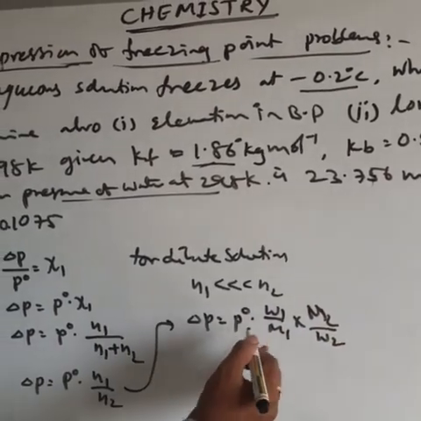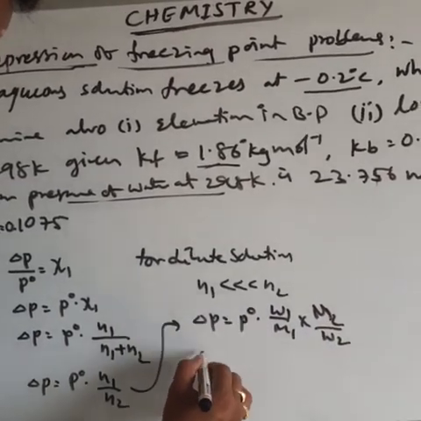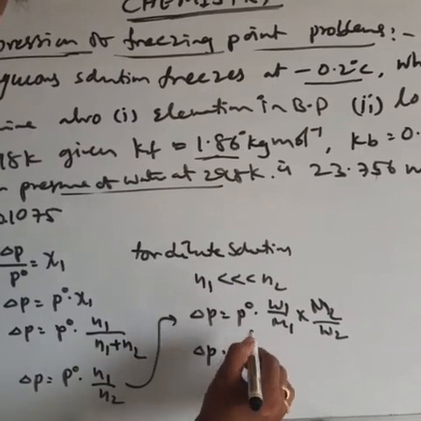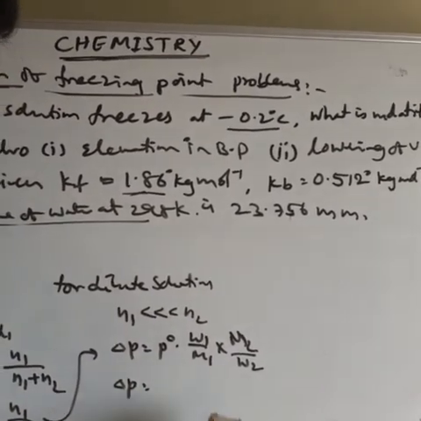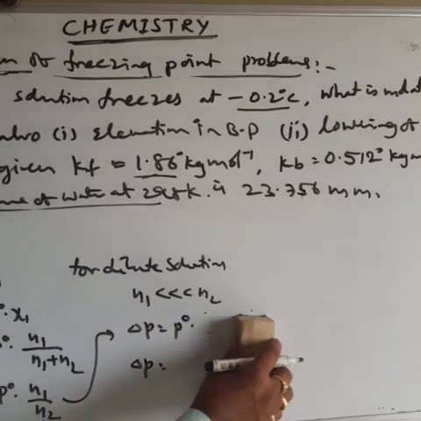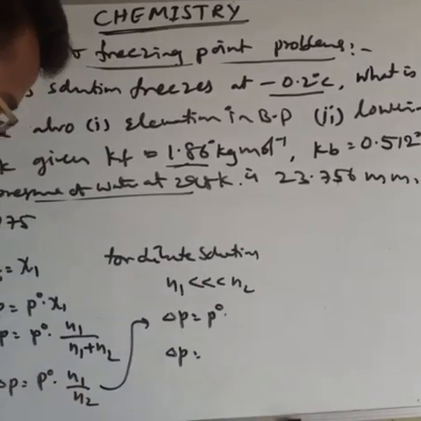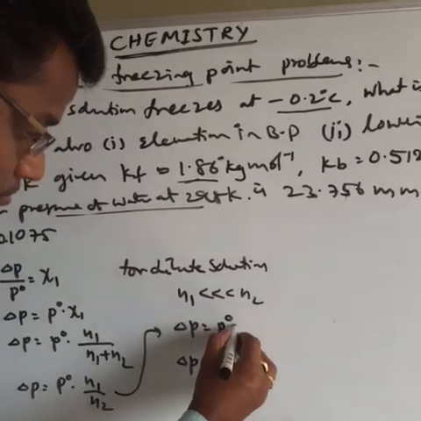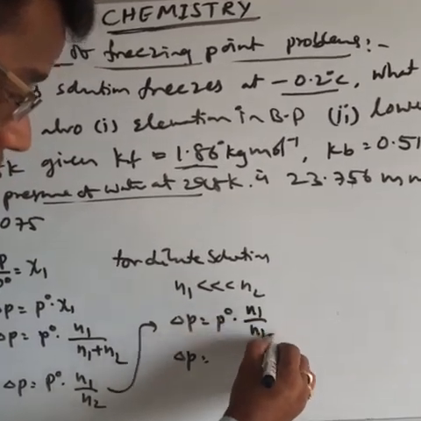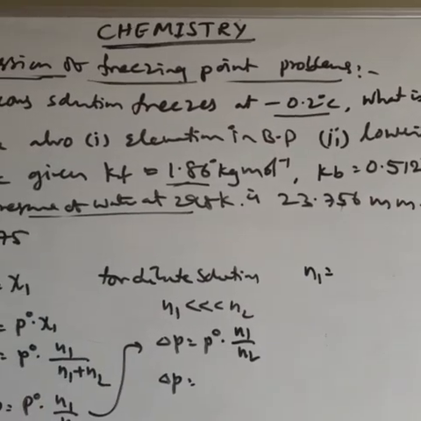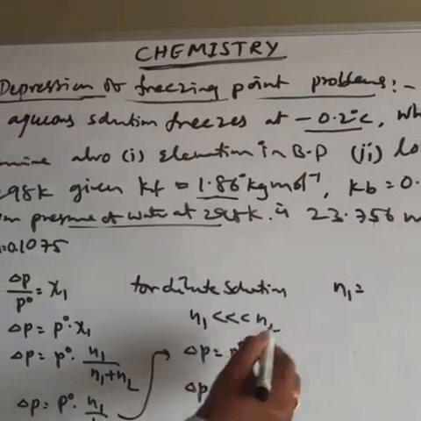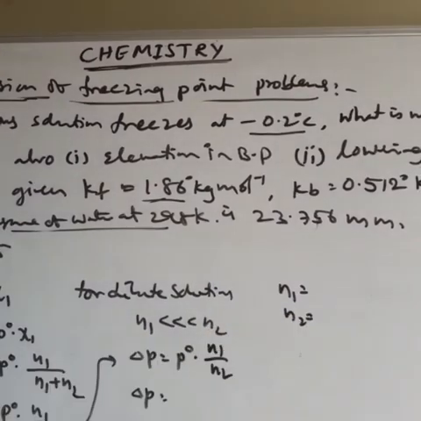Here delta P is equal to P naught into N1 by N2. What is the N1 value? Number of moles of solute. N2 is number of moles of solvent.